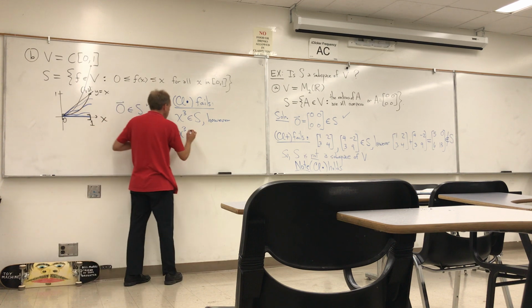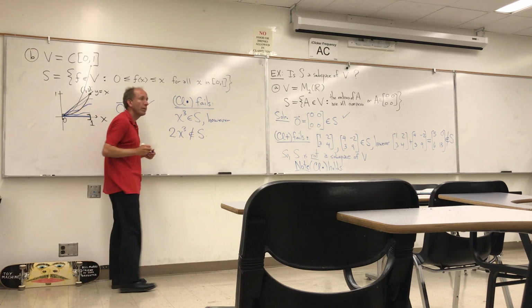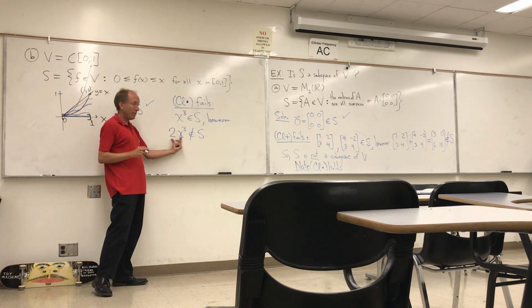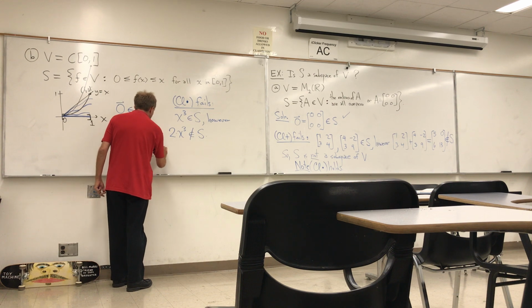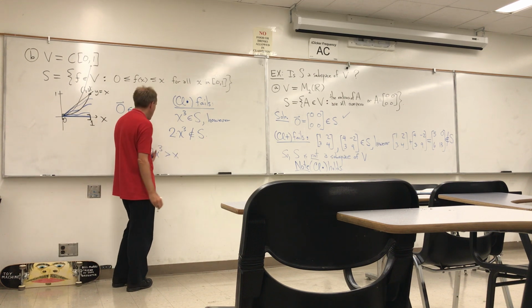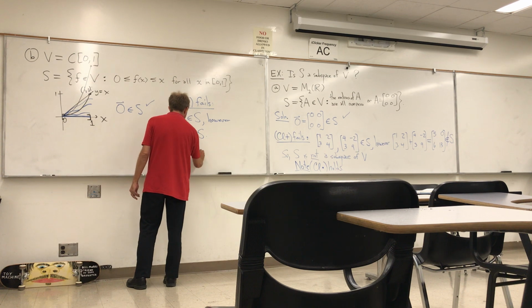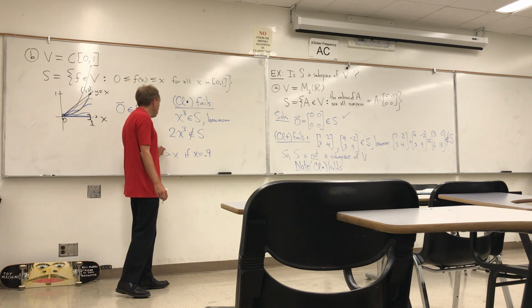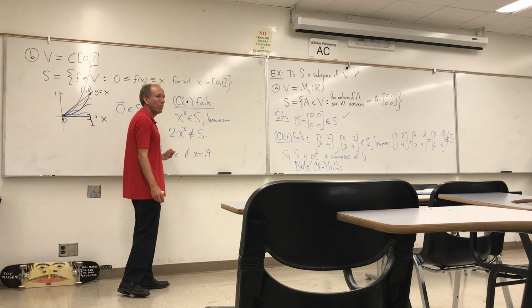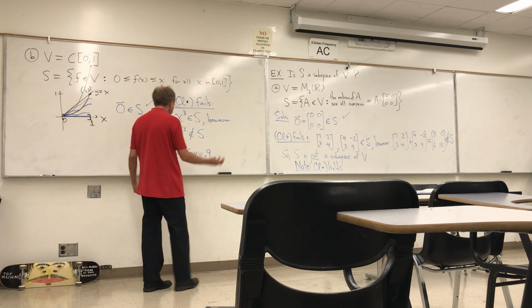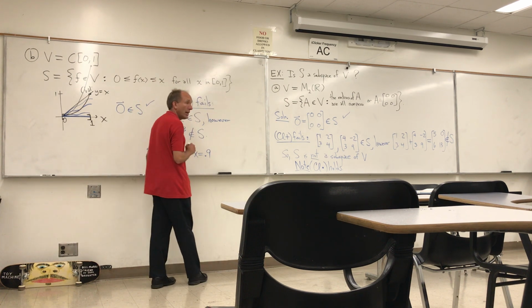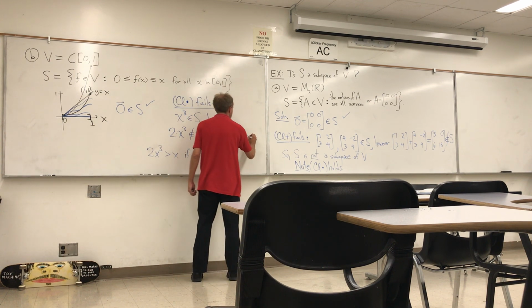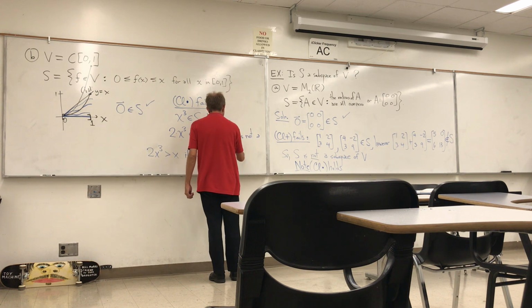So in other words, 2x cubed is not in S, because the output of the function, in other words, 2x cubed is bigger than x. For example, 0.9: you take 0.9 cubed, multiply it by 2, I promise you it's bigger than 0.9. So therefore, this is not in S, so this fails. Okay, so S is not a subspace of V.